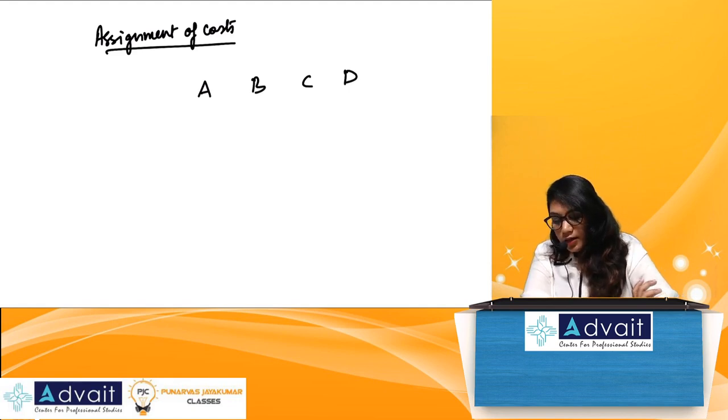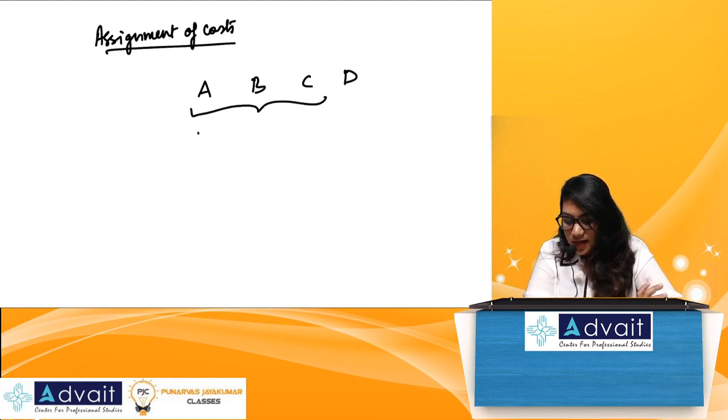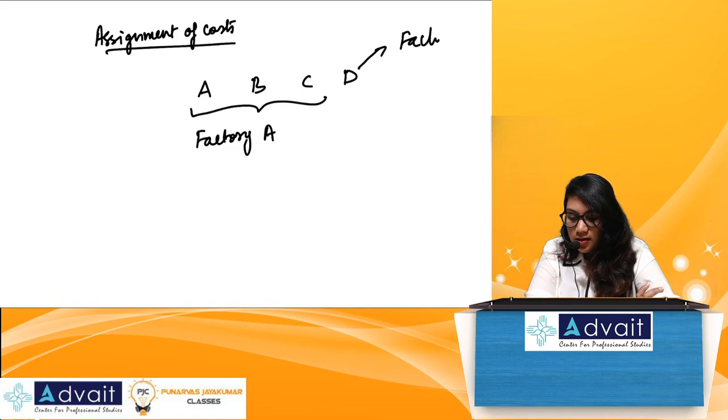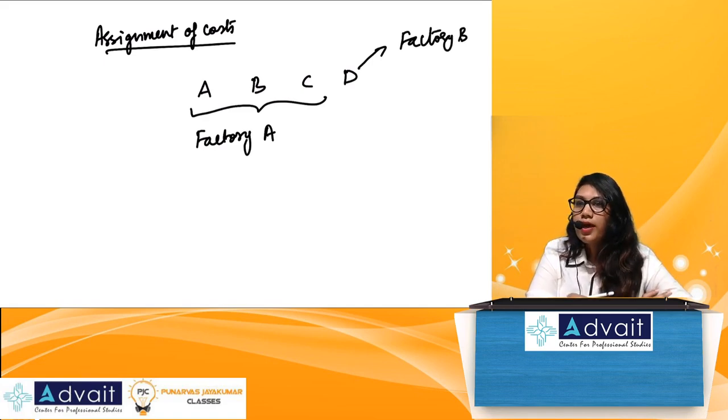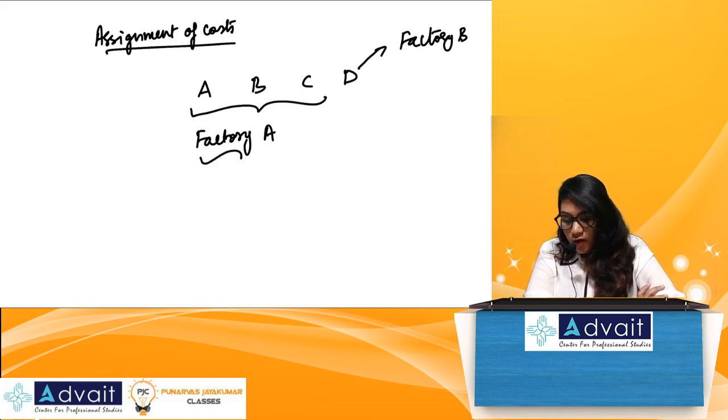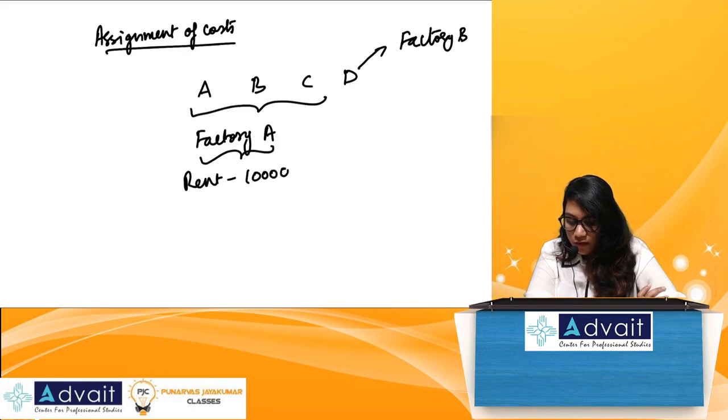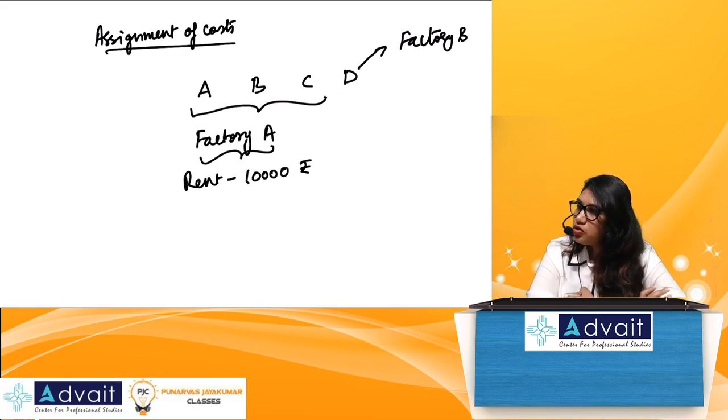Three departments are in factory A. This department is in factory B. For factory A, I am paying a rent of 10,000 rupees.